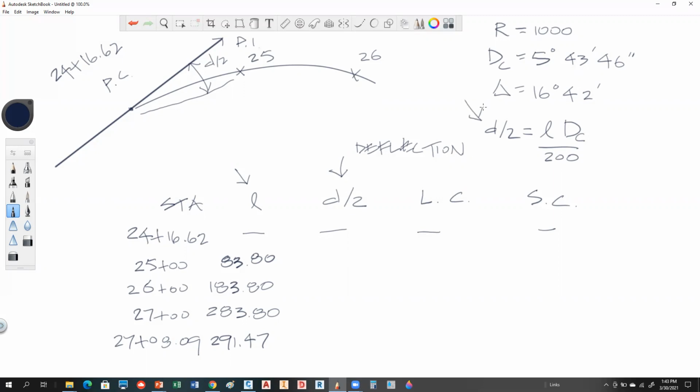So this equation does all of your work. We're going to take 5 degrees, 43 minutes, and 46 seconds, and divide it by 200, and multiply that by the first number here, 8380. And see what you get. I didn't get it right because I did something wrong.